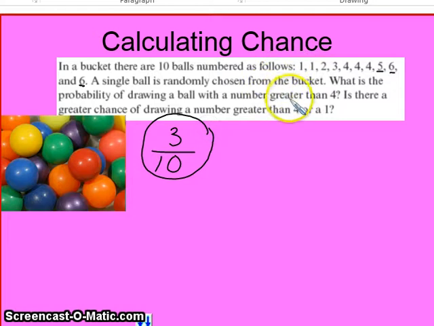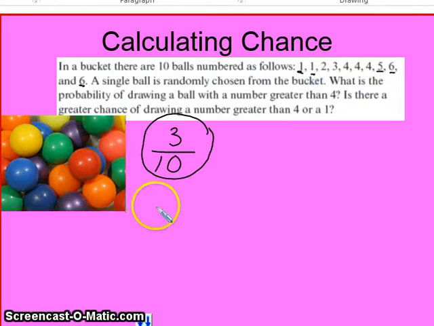That's the first question. The next question says, is there a greater chance of drawing a number greater than 4 or a 1? So we know the probability of drawing a number greater than 4 is 3 out of 10. Now we need to find the probability of drawing a 1 and compare it. So how many 1s are in the bucket? 2.